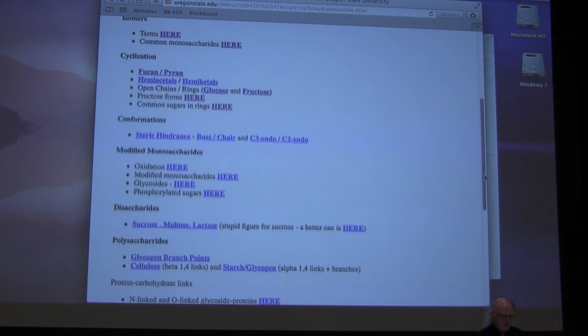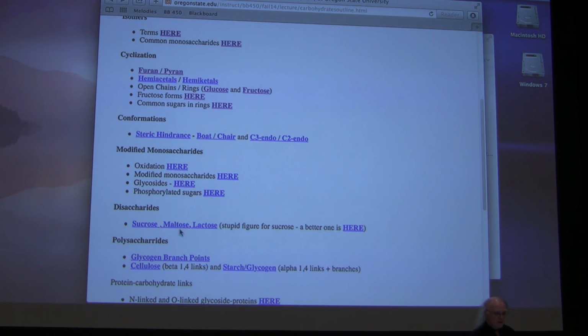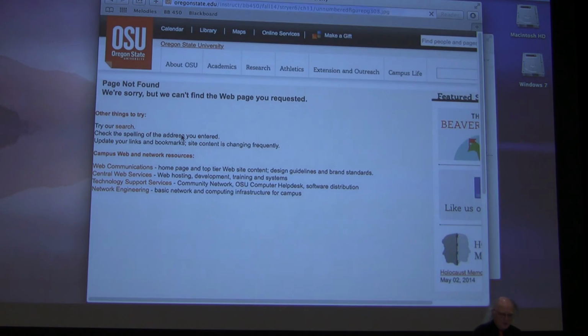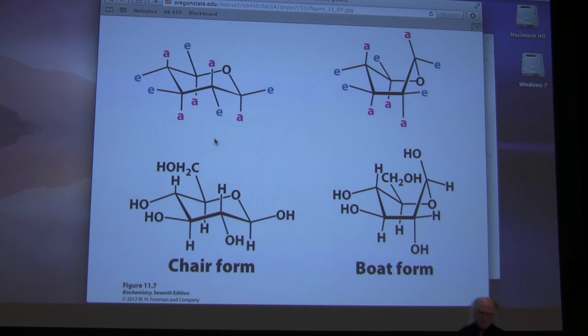Now, the next thing I want to talk about is conformations. We've mentioned that in proteins, for example, we have to think about steric hindrance, because folding can bring things close together, but there are limits to how close they can get.